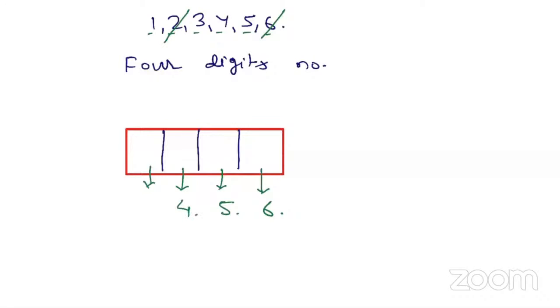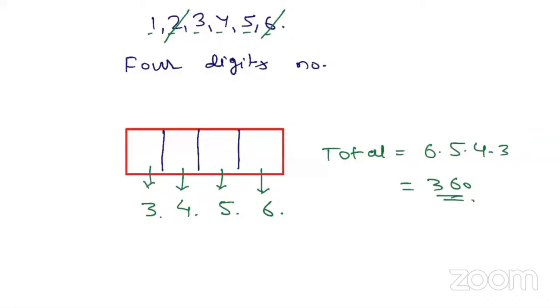For the 1000th place, how many options do you have? 3. So what you are getting, 6 into 5 into 4 into 3, that is 360.